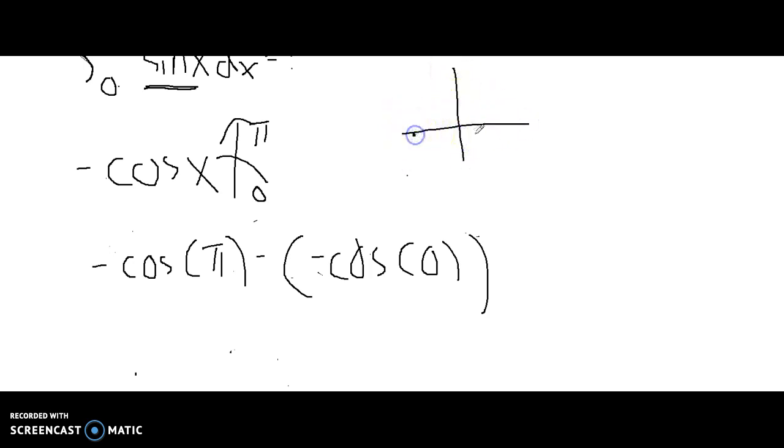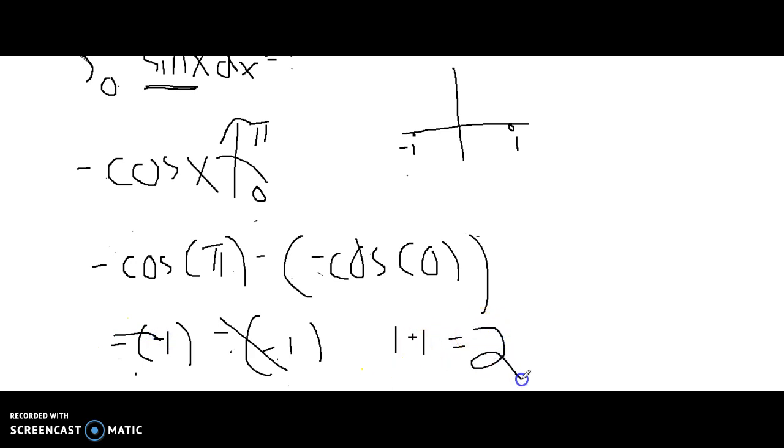This is pi, this is 0. So looking at cosine, this is going to be negative 1. This is going to be 1. So it's going to be negative, negative 1, minus negative 1. So it's going to turn into 1 plus 1, since these two negatives turn to a positive, these two negatives turn to a positive. And I'm going to get 2 for this definite integral.